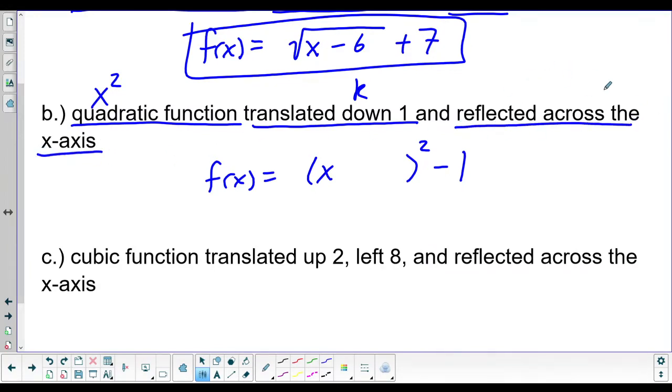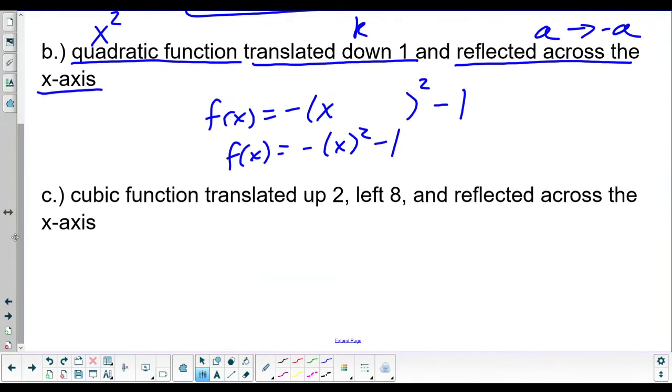That's another way to say flipped or reflected vertically. This is an a value, so we need to make our a negative a. So we're going to put a negative sign out front. If you don't like this big blank space for h, you could rewrite it as negative x squared minus 1. Cool.